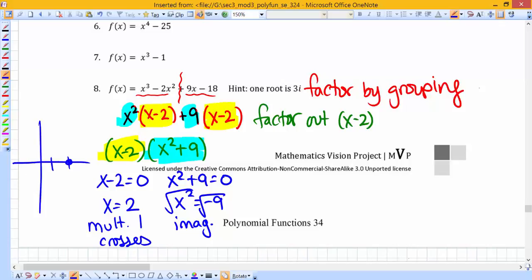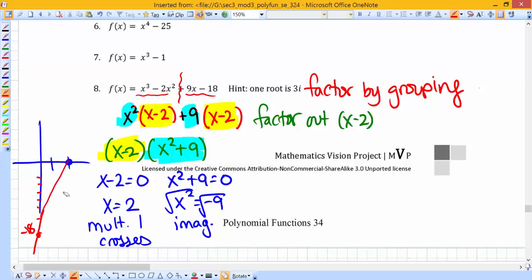So to create a quick graph of this, very quick. 1, 2. It's going to cross at the 2. It has to cross there. So to draw this, and when you're checking on Desmos, we're not looking for anything specific, but my y-intercept is -18. So down here, we'll say down here is -18. It's got to cross the y-axis.